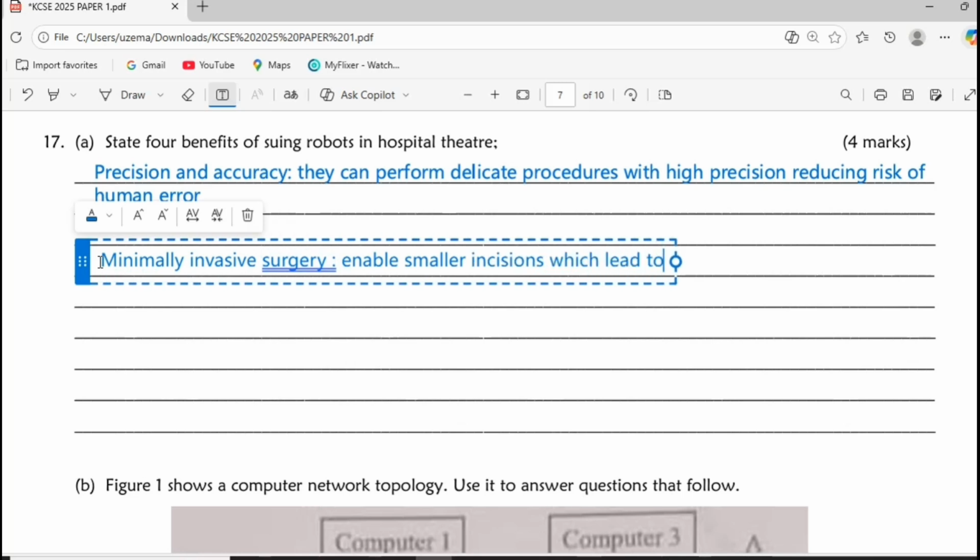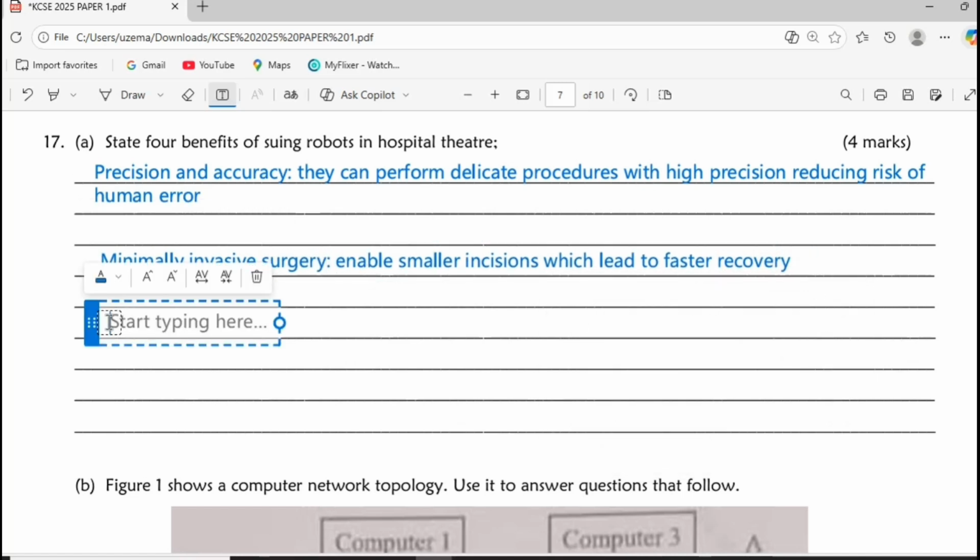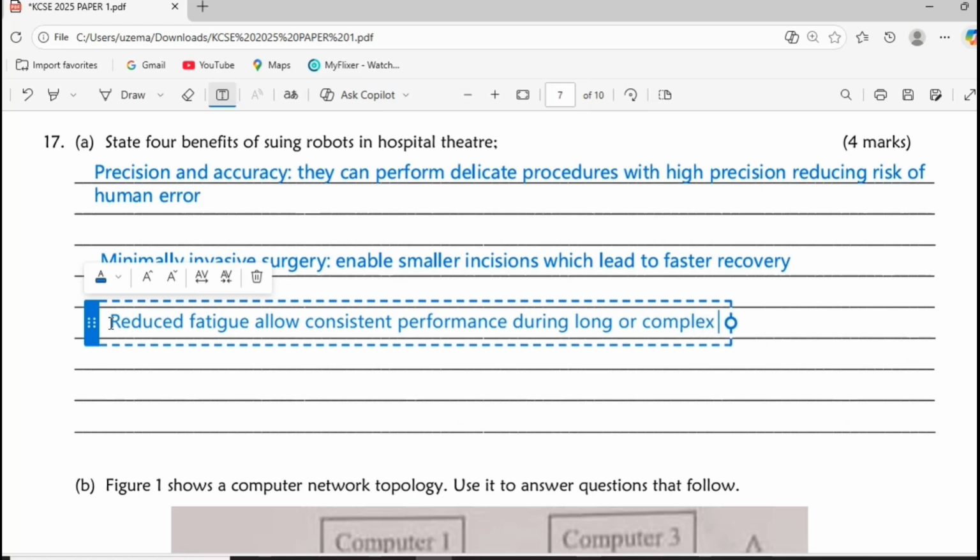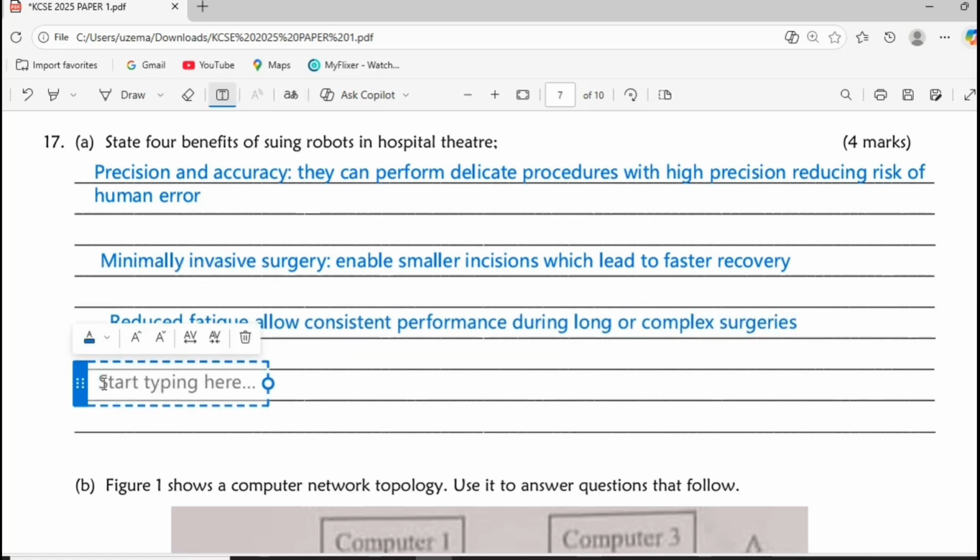Two, we're also saying that robots can be used for minimally invasive surgery. These are surgeries that require smaller incisions, as a result leading to faster recovery. Rather than opening up an entire body part, you can use smaller robots which can help penetrate these areas that need to be operated upon, and this makes recovery very easy.